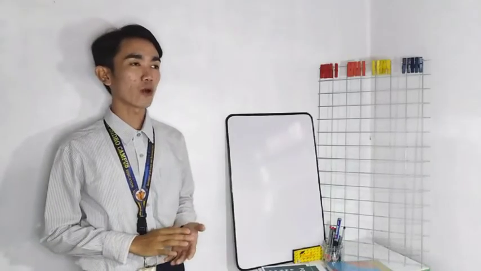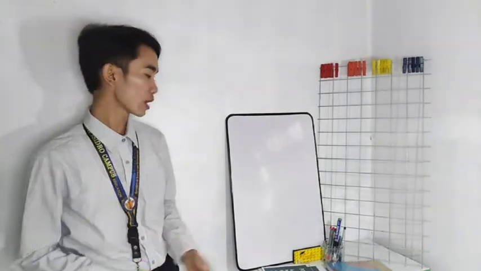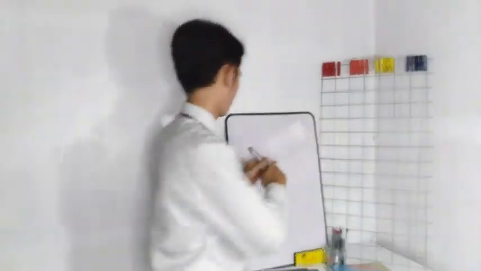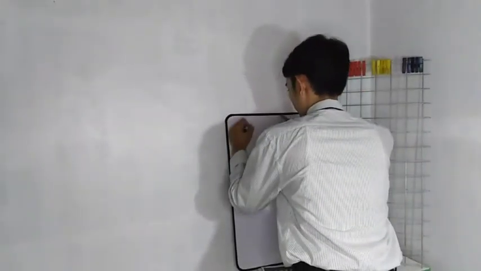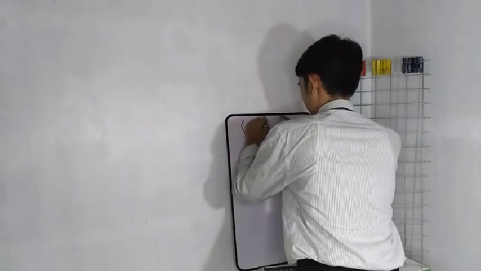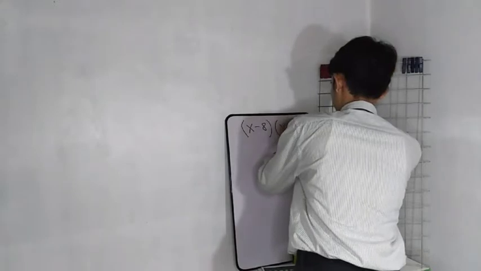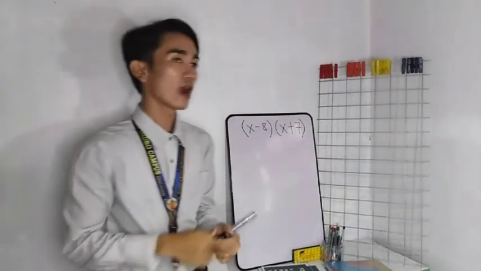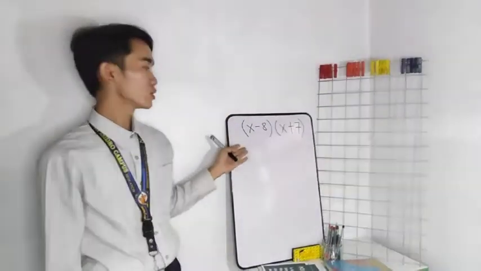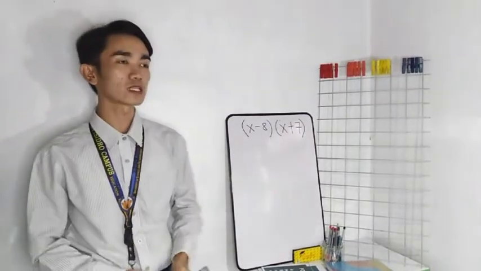Before we proceed to our next topic, let us try to solve this one. We have here x minus 8 times x plus 7.